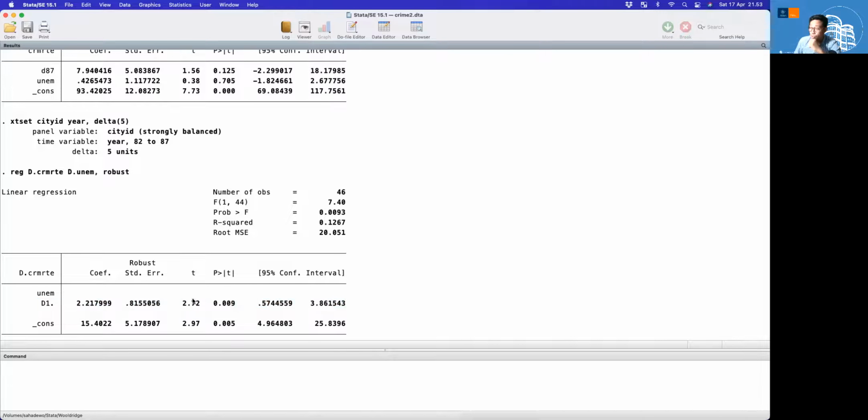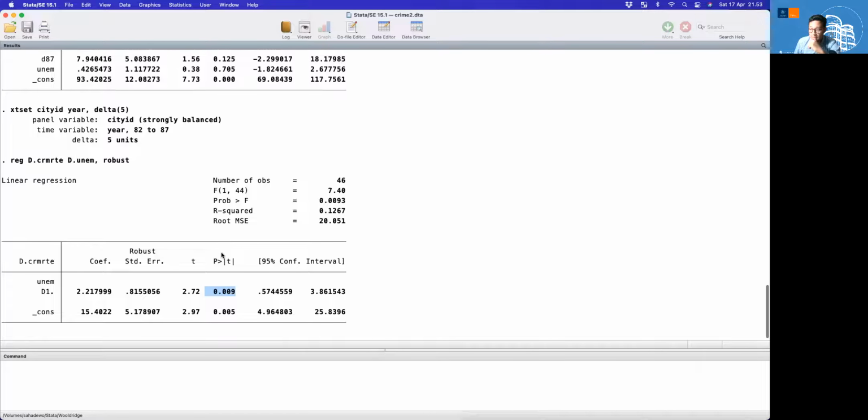It's also statistically significant because the p-value is lower than the 1% significance level. So this is basically the result of the regression when you're using first difference.